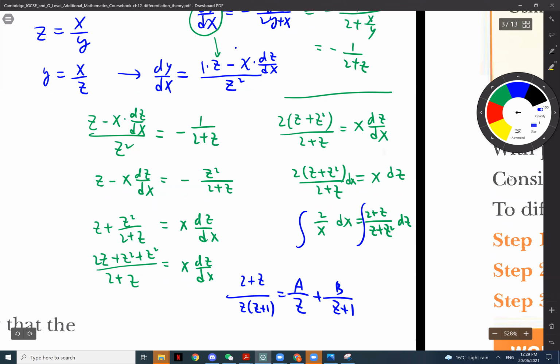Now here, can you find A and B? Of course, the original question told you what that is.